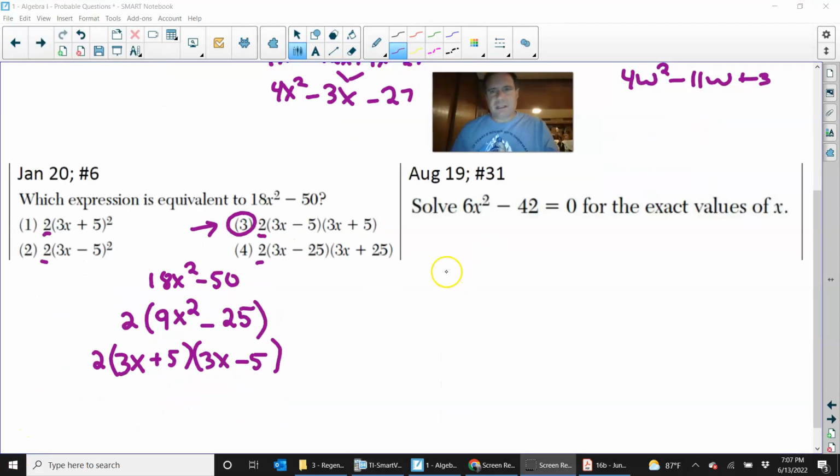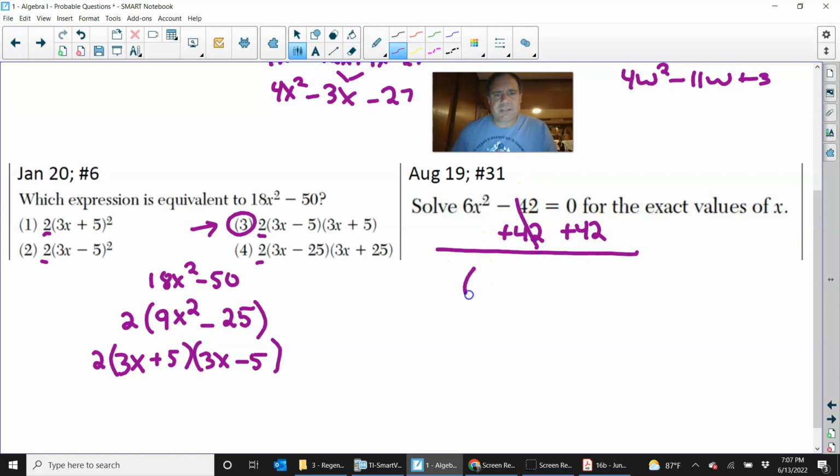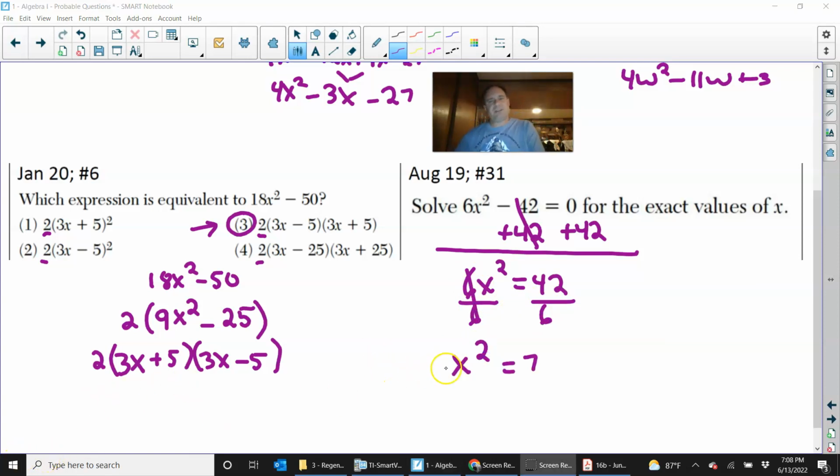Now, I don't want you to get confused with this question, but it's an easy question. It says solve for the exact values of x. So just go ahead and do that. You know how to solve for x, right? You add 42 on both sides. You have to get the x alone. So you have 6x squared equals 42, and then you divide by 6, and x squared equals 7.